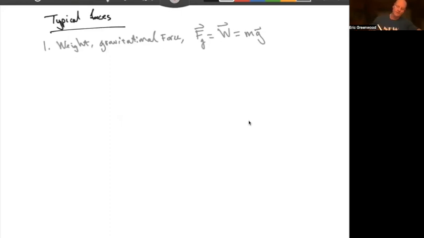Okay? The next one we're going to see a lot is what's known as the normal force. I've already used this word before, but let's talk about the normal force. The normal force we're going to denote by a lowercase n with a vector sign on it. So what's the normal force?